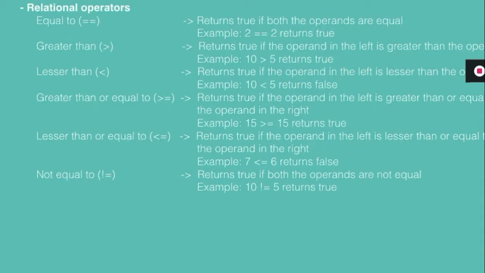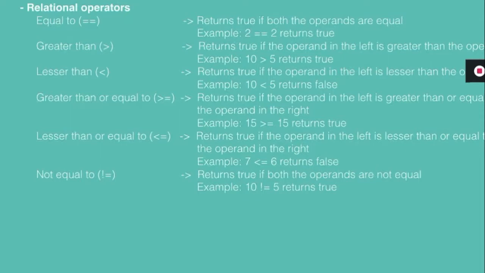The greater than or equal to operator is a mixture of two operators: the greater than as well as the equal to operator. It returns the true value if the operand on the left is greater than or equal to the operand on the right, so this condition checks for both of them.